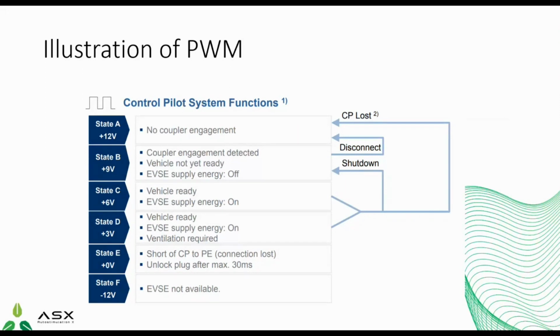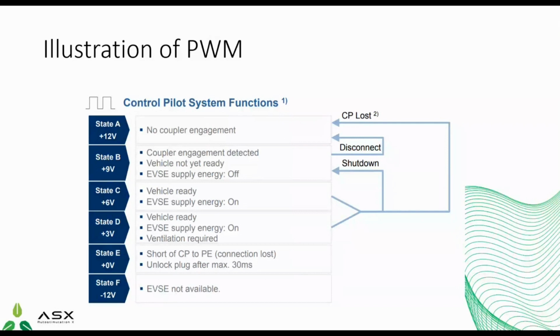There are some voltage ranges, and those voltage ranges give us an indication of which state the vehicle is in. In state B, the coupler engagement is detected and the vehicle is not yet ready for the charging process.